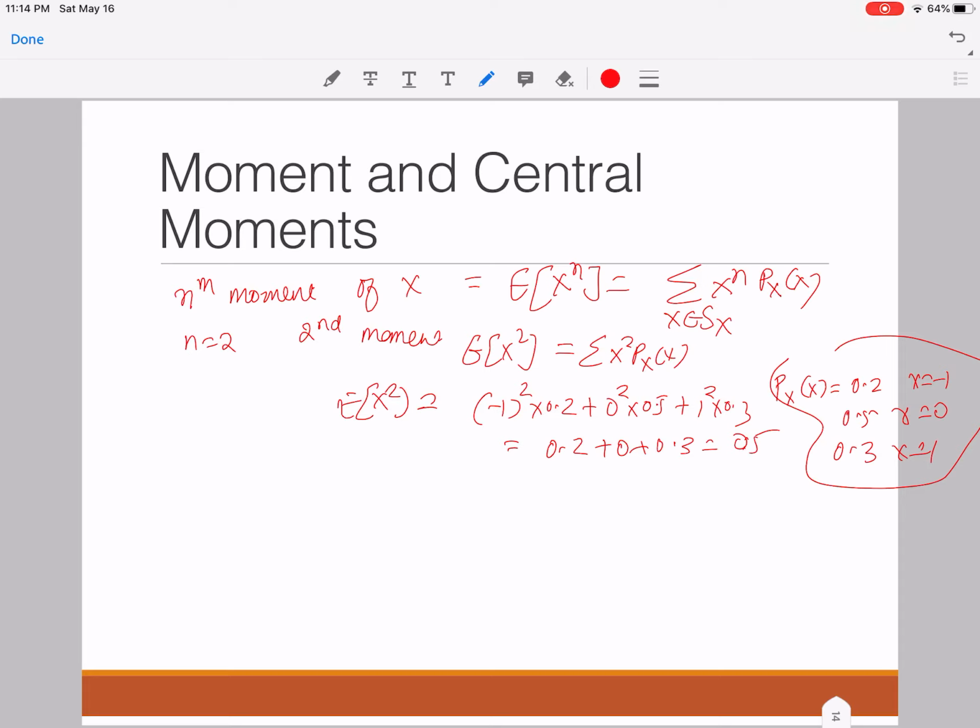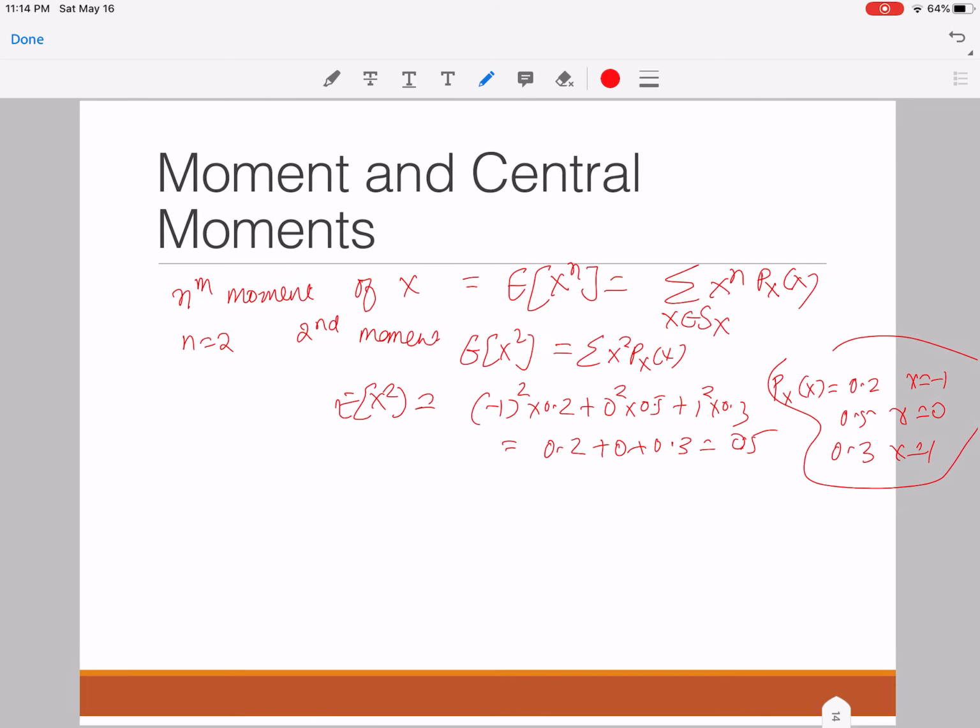I can obtain other moments by applying a similar principle. For example, the expected value of x cubed gives me the third moment, which is the summation of x cubed times PMF of x. Then comes the concept of central moments.